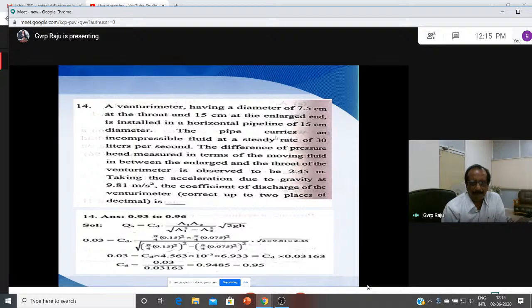And he has given that the pipe carries an incompressible fluid at a discharge of 30 liters per second. You need to convert liters per second into meter cube per second. Most students make mistakes in converting liters to meter cube per second. 1 liter is equal to 10 power minus 3 meter cube.